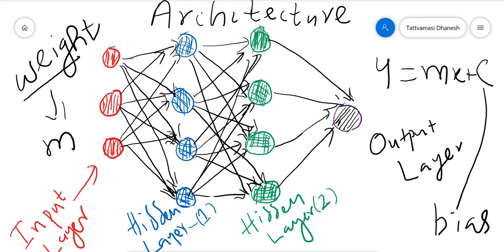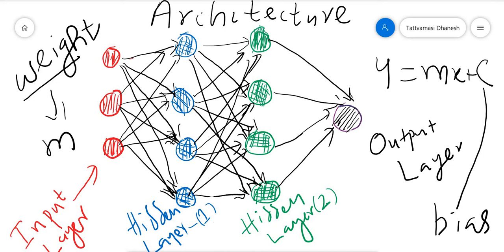Now coming back to the layers. There are 3 types of layers. One is the input layer, the second is the hidden layer, and the third is the output layer. The input layer is the initial data, the data we supply to the neural network.